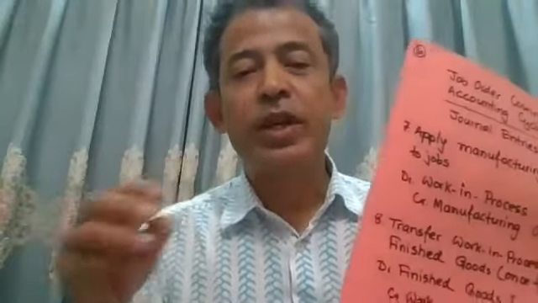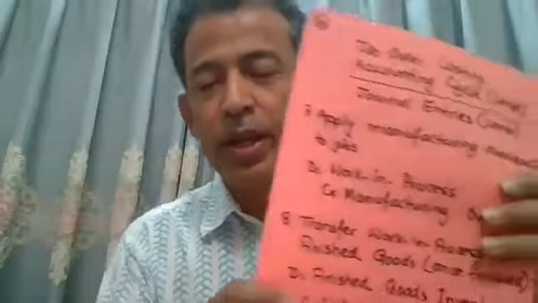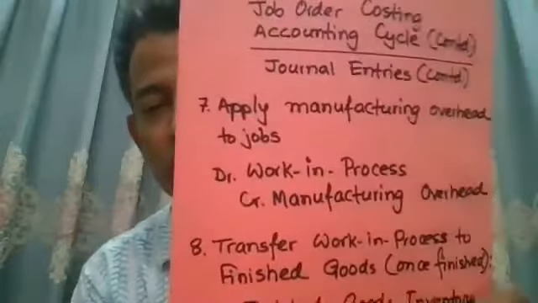And job number 1 is responsible for maybe 10 hours of overhead, if we use labor hours as the denominator or as our allocation base. We could also use machine hours or number of units or any other acceptable allocation base. That's beside the point here. So the appropriate amount of overhead is now assigned to job number 1, and we are debiting work in process.